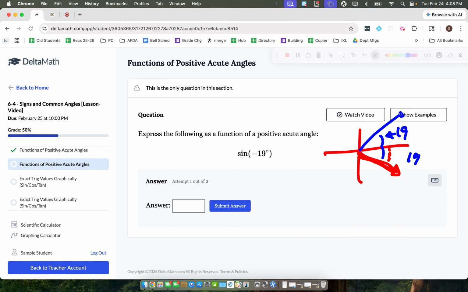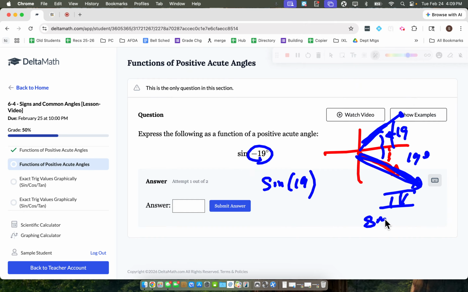So you want the sine, you want to compare some opposite length over the hypotenuse. That's great. You can do it by saying sine of 19. But negative 19 degrees right here, this ray is in quadrant 4. Sine is negative here. So go ahead and slap that there, and you'll take care of it.